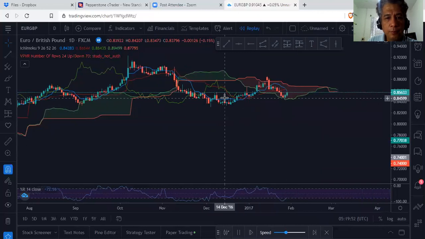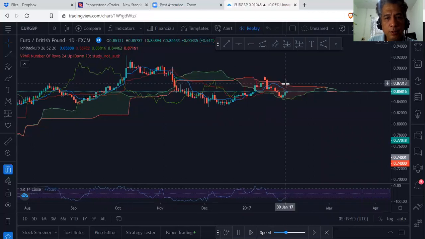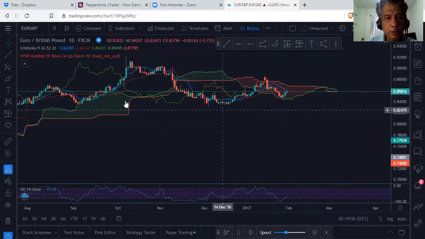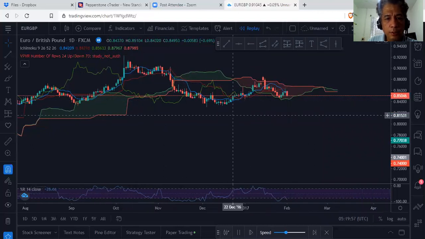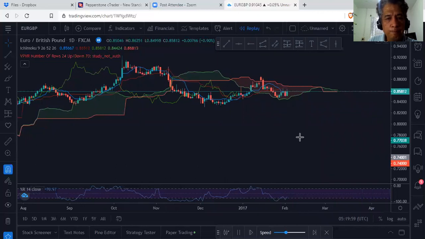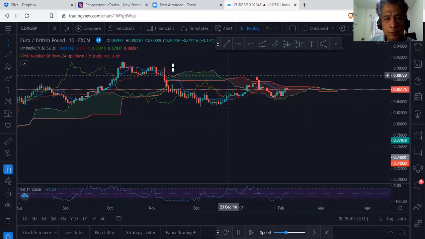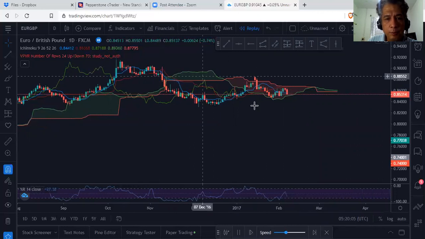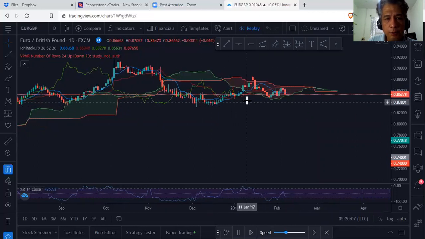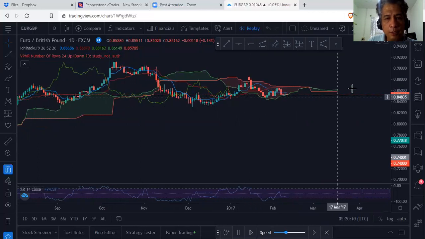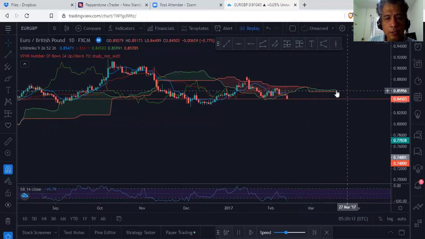Actually, one, two, trend line here. The price will go up and down here, but the cloud is so thin.